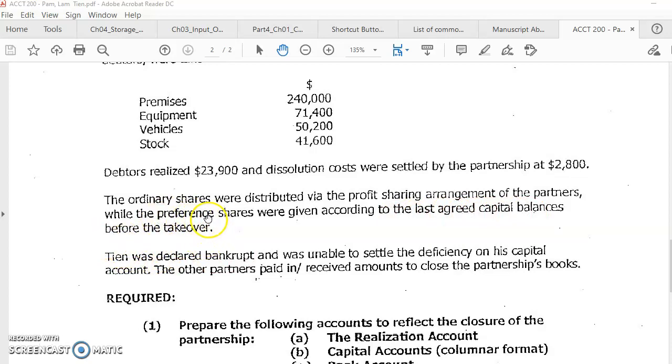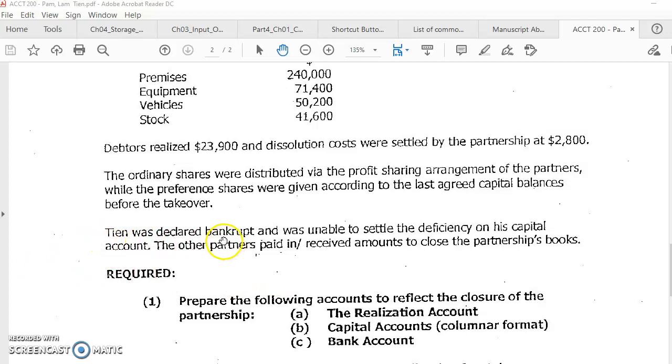And any premium on the preference shares will also be distributed using their last agreed capital balances. If there's a premium on the ordinary shares, that would be distributed using the profit sharing ratio.